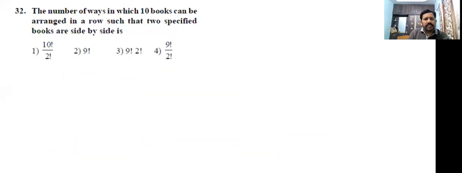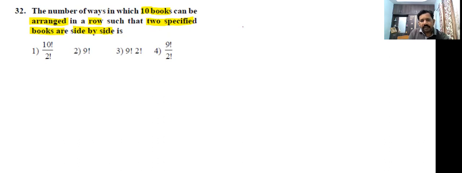The number of ways in which 10 books can be arranged in a row such that 2 specified books are side by side. So out of 10 books, take the 2 specified books.